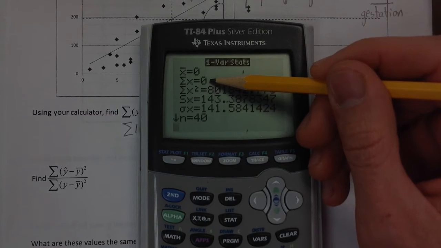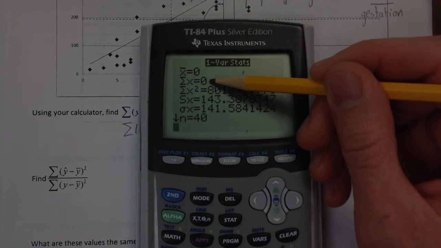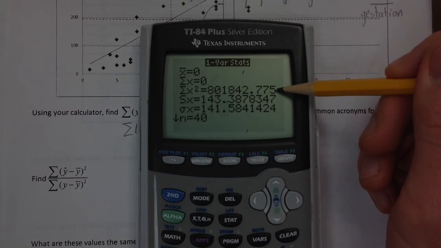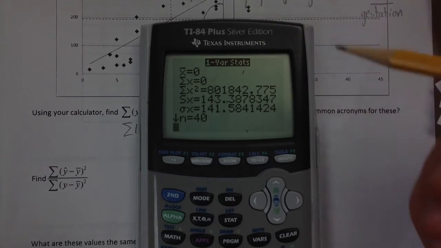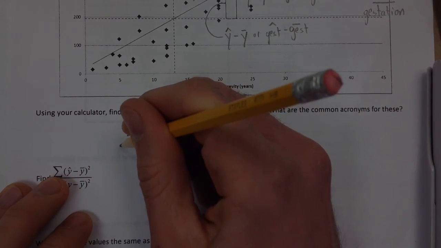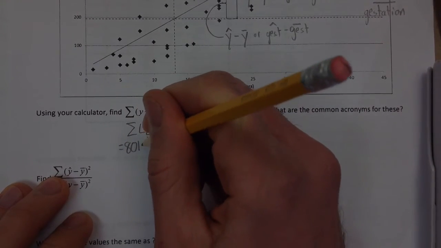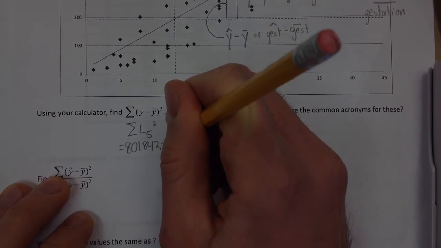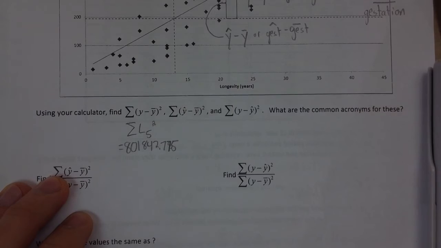Interesting. The sum is 0. That's supposed to be, deviations from the mean should always add up to 0. This is what I'm interested in. This big number. 801,842.775. It's a measure of variability from the mean.